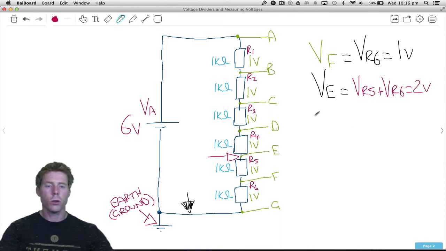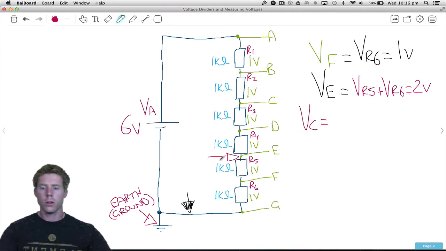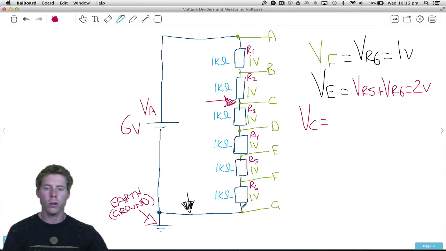Let's step it up a notch. What if I said, what is VC? So I want, let's get rid of this little thing. I want to know what is the voltage at this point here. There's no second letter, so the reference is Earth. Well, if we have a look, Earth is sitting at 0 volts. We've gone up 1, 2, 3, 4.